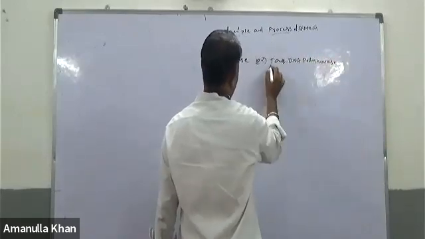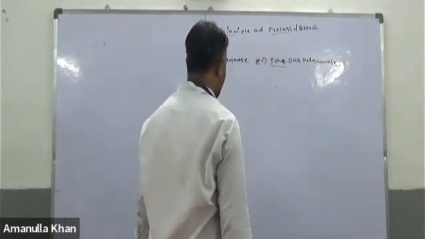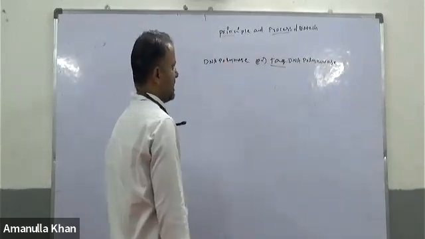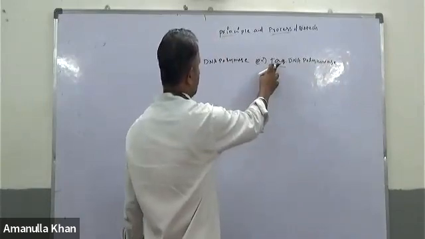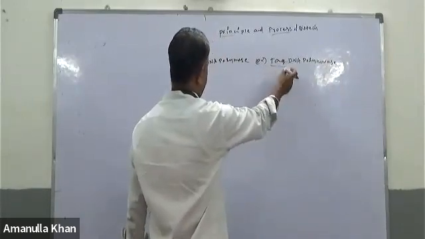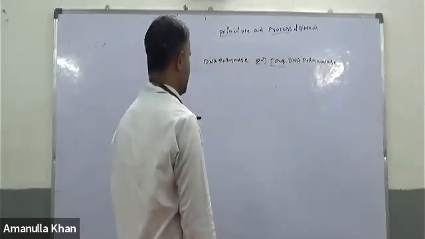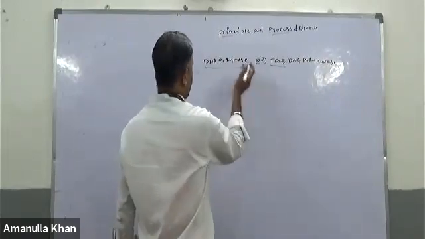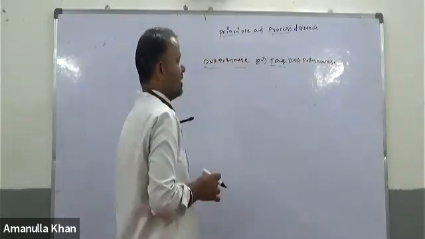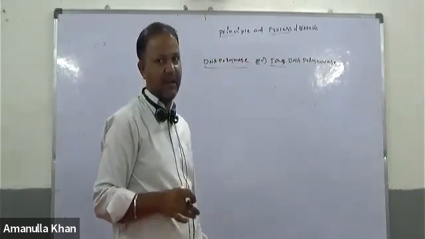Taq is obtained from the bacterium Thermus aquaticus: T for Thermus, AQ for aquaticus. DNA polymerase function is to polymerize a complementary DNA.